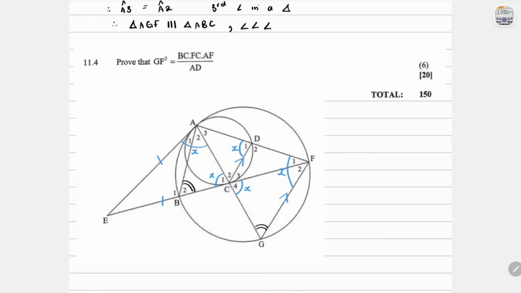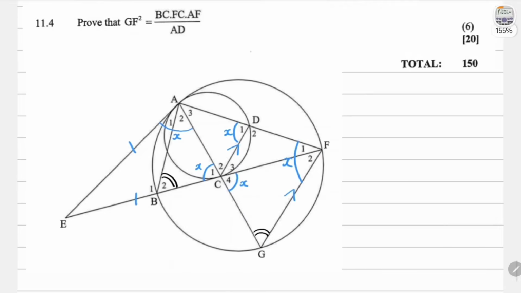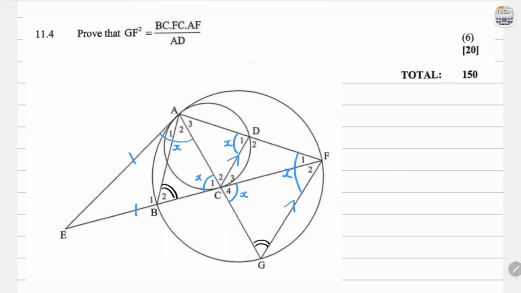I'm going to highlight the sides as I see them in the diagram, and then let's make sense of it like that. GF first of all. So we've got GF, but it appears twice. So that's GF, and then I'll use another color to highlight GF again. Then we have BC. So where's BC?